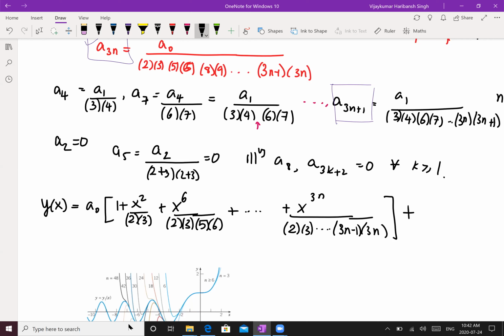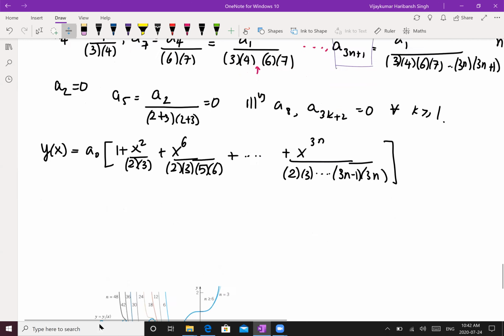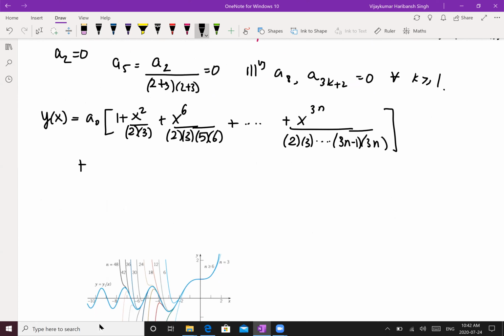Plus a1 times x plus x to the 4 by 3 times 4 plus x to the 7 by 3 times 4 times 6 times 7, dot dot dot.